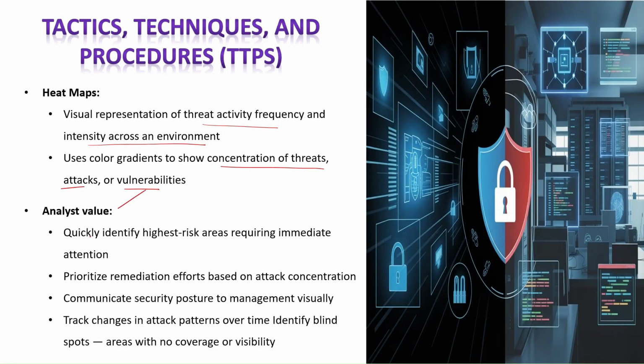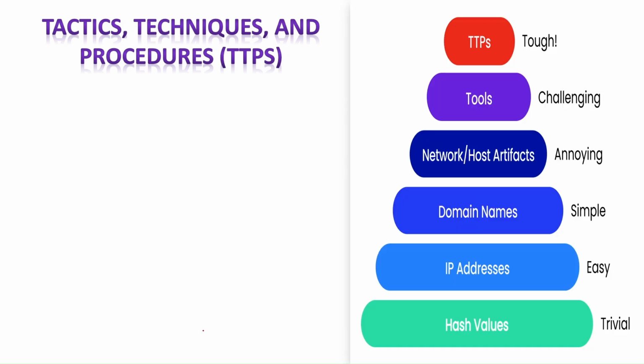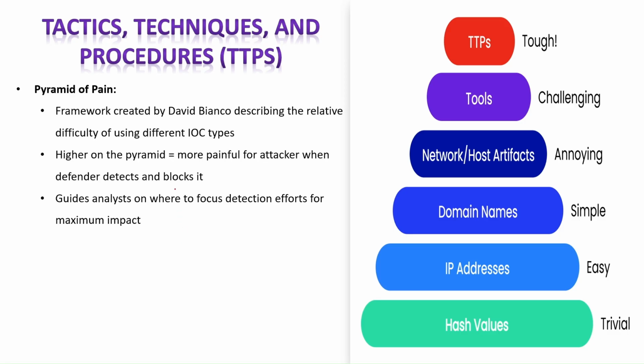So analyst values for heat maps and TTP are to quickly identify highest risk areas that require immediate attention, to prioritize remediation effort based on attack concentration, communicate security posture to management visually, track changes in attack pattern over time, identify blind spots, areas with no coverage or visibility.